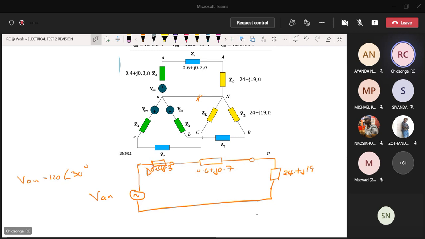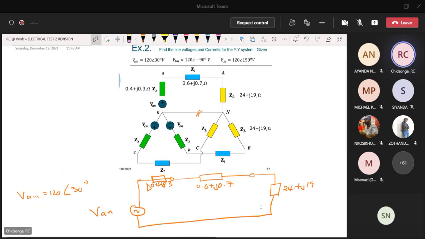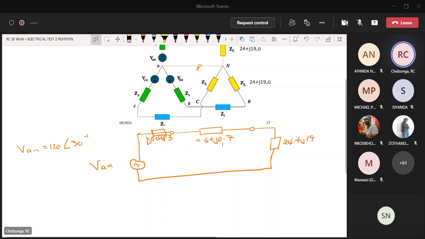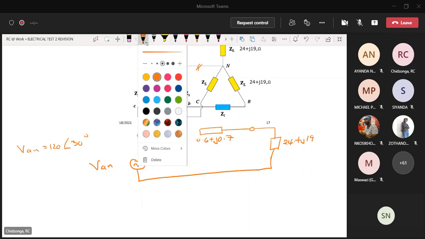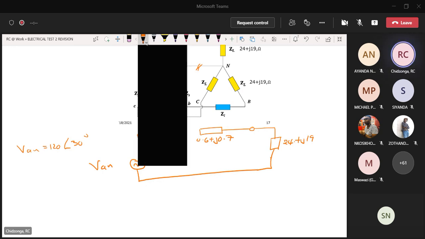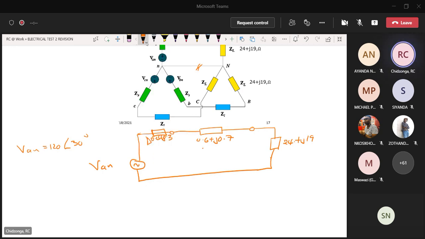So once you've reduced it to this, every other question which you now need to analyze is just a repetition of what we have done. Like now, they are saying find the line current. For this, I just have to add those three series impedances and divide the voltage by the total.